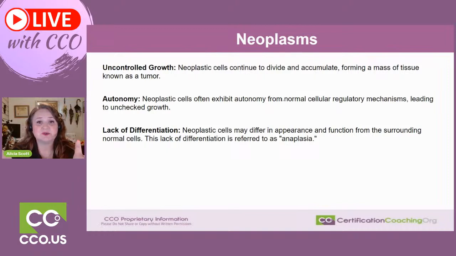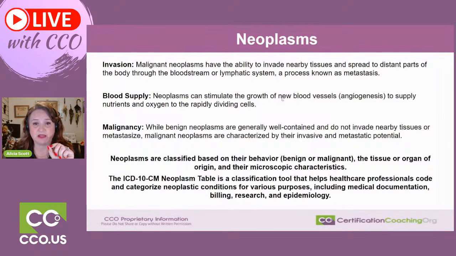It's been injured and it's okay. But lack of differentiation is when you start getting these cells that have different body types, and they call that anaplasia. And they can say right away, oh, that cell doesn't look right.